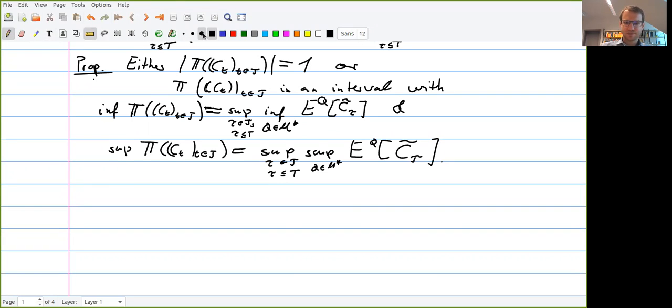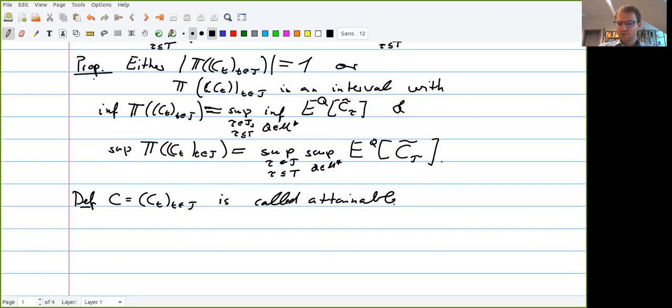So let me give you a definition of what I mean now by the American option being replicable. Let me call it attainable, because in the proper sense of the word it's not replicable, since you're not exactly generating the payoff of the American option, as you will see in a minute.